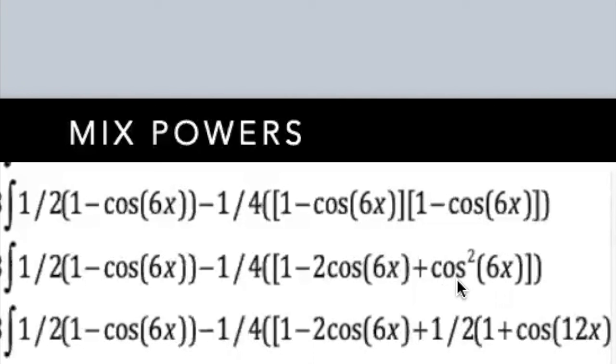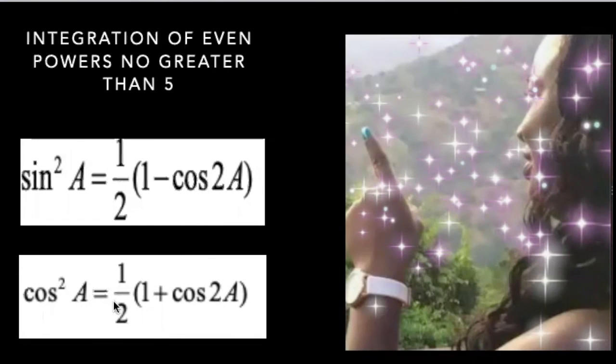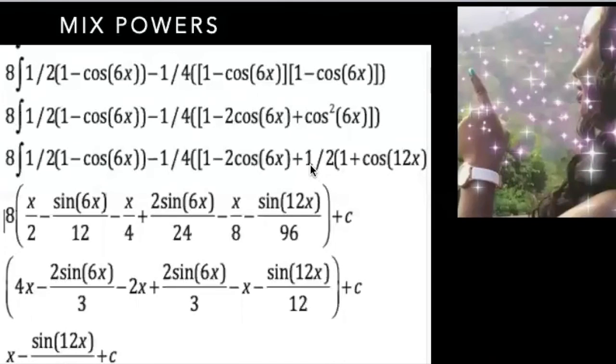Yes, it can. Cos squared a is the same thing as a half, 1 plus cos 2a. So if I have cos squared 6x, then it becomes a half, open bracket, 1 plus cos 12x, because we doubled the 6x.